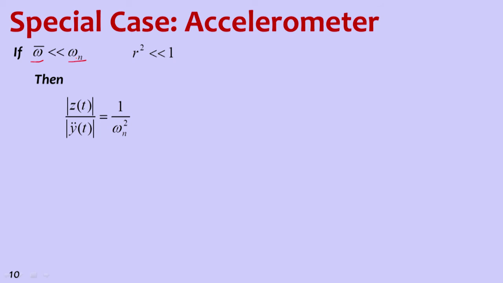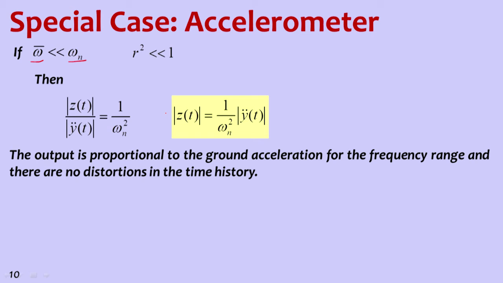So then z by y double dot is equal to 1 by omega n square. So it is something like this. You can see if we measure z, that is equivalent to measuring acceleration if you multiply that z value with omega n square. So the output is proportional to ground acceleration. What we are actually measuring with the instrument is the z value only, that is the relative displacement between the mass and the ground.